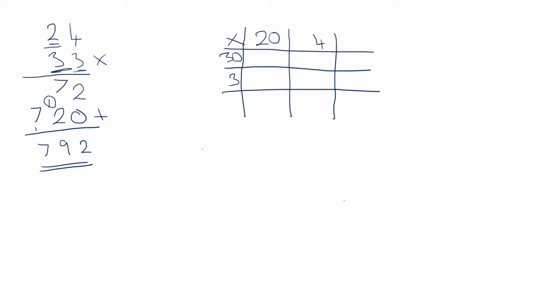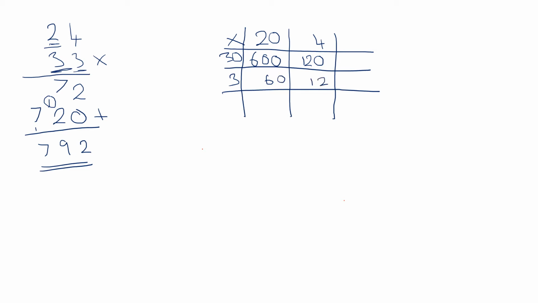So 30 times 20, an easy way to do this is 3 times 2, which equals 6, and then I've got 2 zeros to add on. Yep, next one, 30 times 4, so 3 times 4 is 12, and 1 zero to add on. Now do the one below, so 3 times 20, that's nice and easy, that's 60, and then 3 times 4 equals 12.